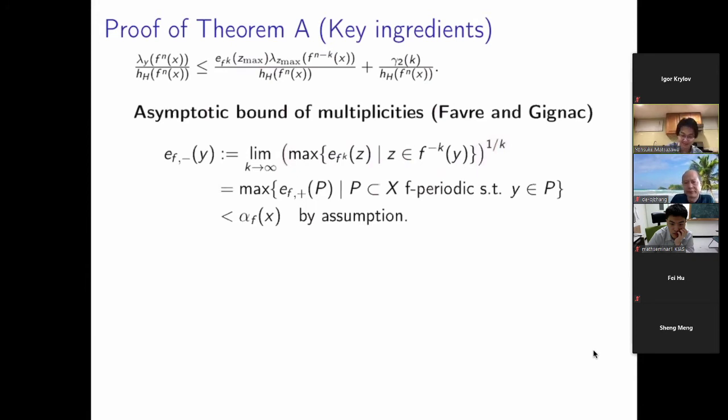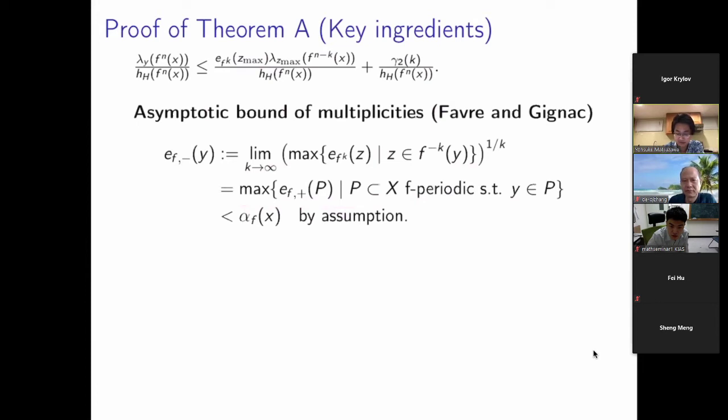And take the limit. Okay, so Gignac proves that this limit exists, and the existence of this limit ultimately depends on Favre's result, the existence of E_f plus. So that's why I wrote Favre here. And Gignac also proves that this limit is actually equal to this quantity, which somehow appeared in the main theorem.